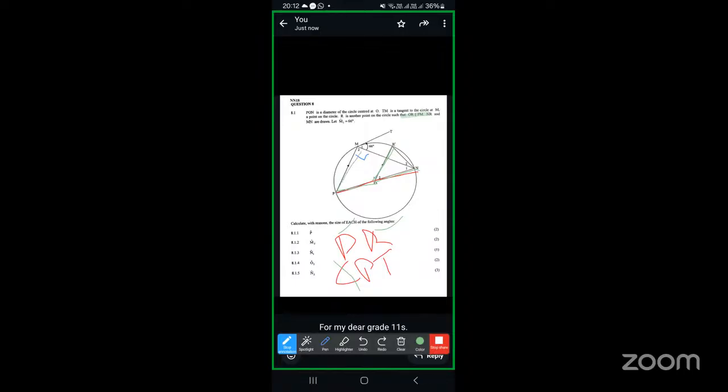Therefore, using the technique for corresponding angles, co-interior angles, and alternate angles, we can see that this angle P is equal to that angle 2.